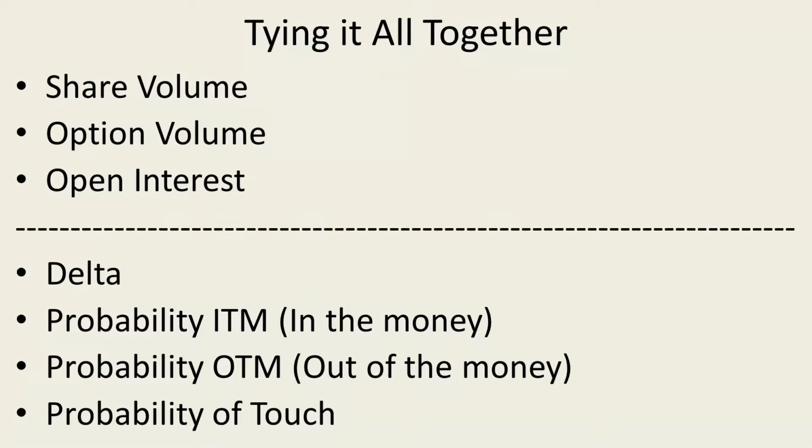Probability of in the money, how that relates to delta. Probability of out of the money, how that relates to delta. And one that people don't think about, and one I was never exposed to until the last 5 years, is probability of touch.